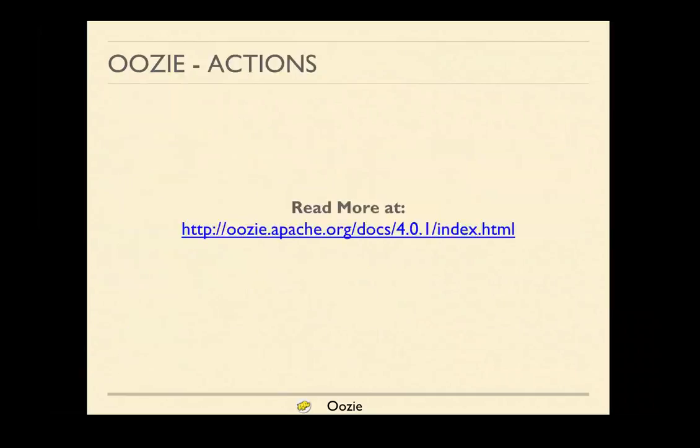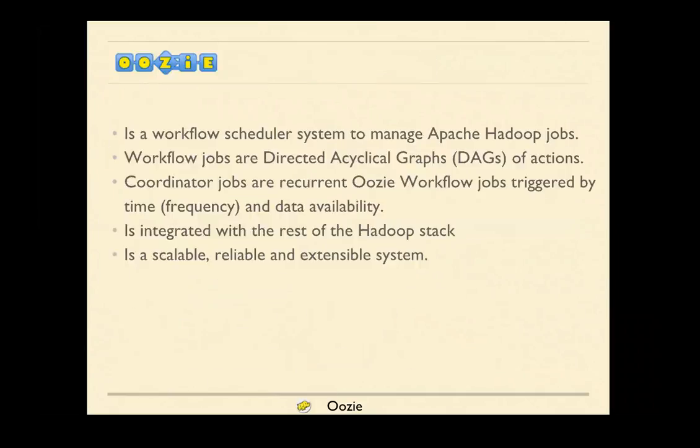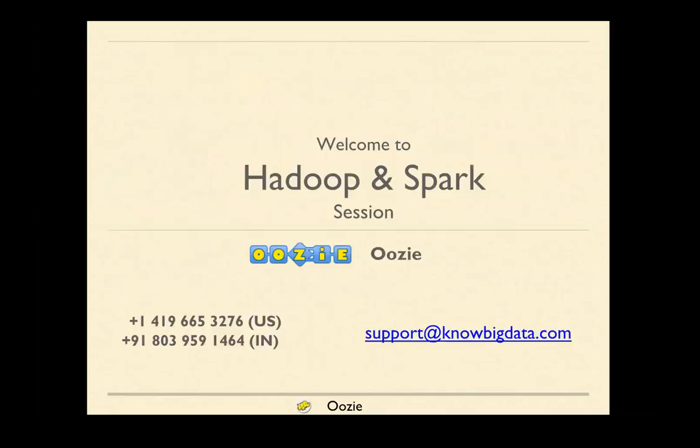So in a larger project in a Hadoop environment, you generally have many parts to it. Let's take a case of a typical predictive analytics problem, where you do the prediction based on the past data.